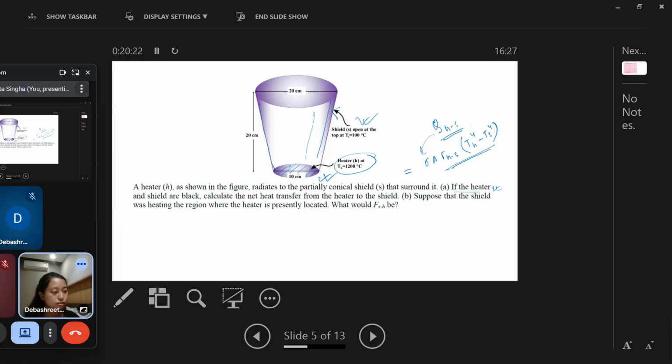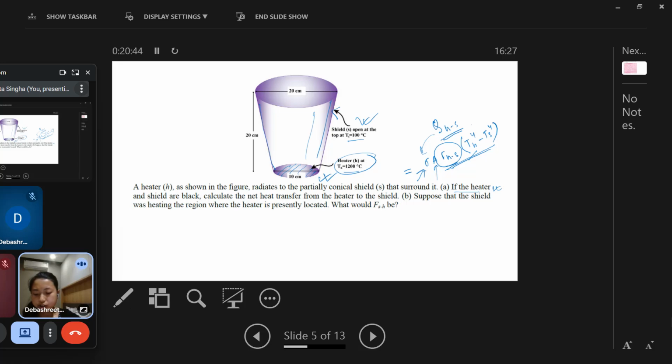Now sigma is a constant and A is the area of the heater. Then the only thing we need to find out is the FHS. TH is already given as 1200 degrees Celsius and TS is 100 degrees Celsius. So we need to find out what is FHS.